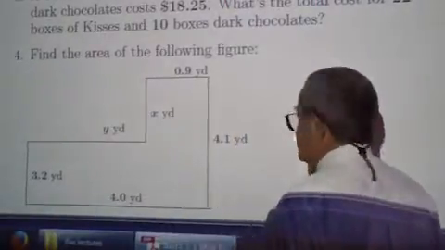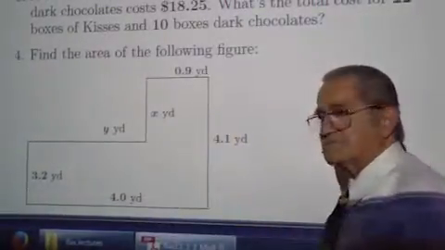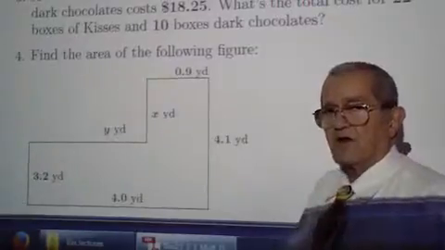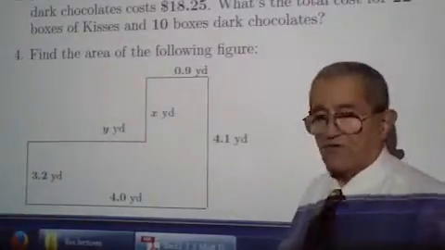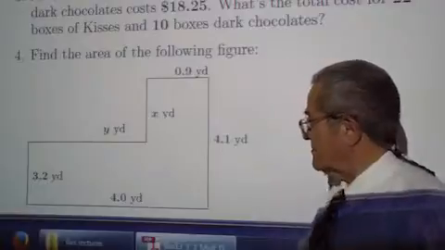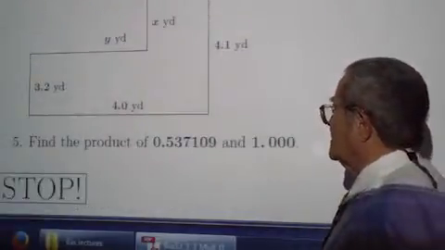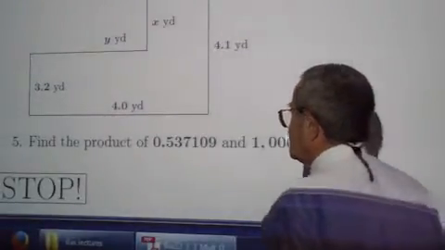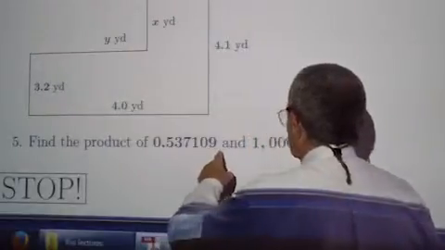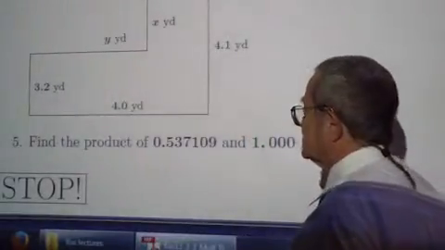So find the area. All of this is like the examples we went over. Find the product of 0.537109 and 1,000.